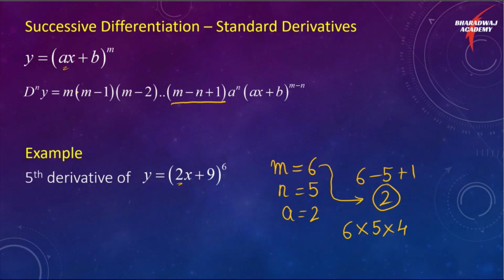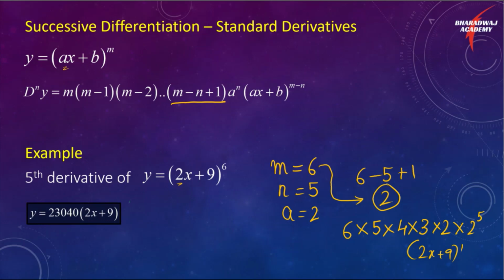Because it's given m into m minus 1 into m minus 2. But up to where? So into 3 into 2. Yes, we have to stop here because we have reached this term. And of course, you have a power n, which is 2 power 5. And multiply this with the given expression 2x plus 9 power m minus n, 6 minus 5 is 1. We will get the answer as this.